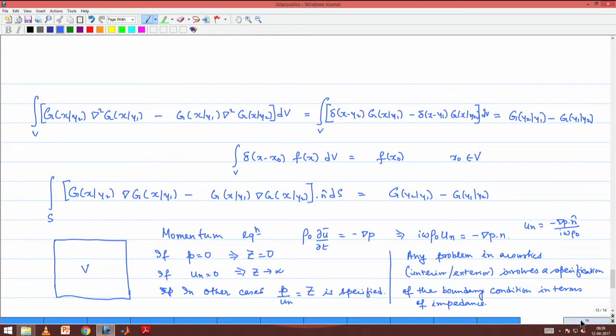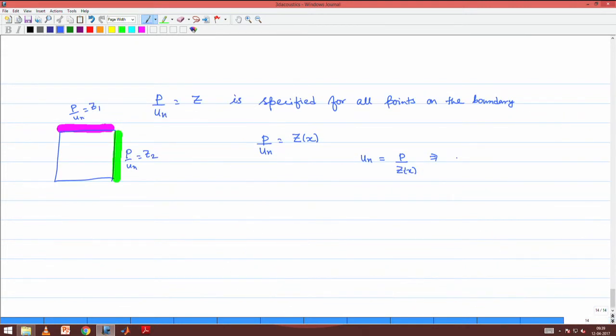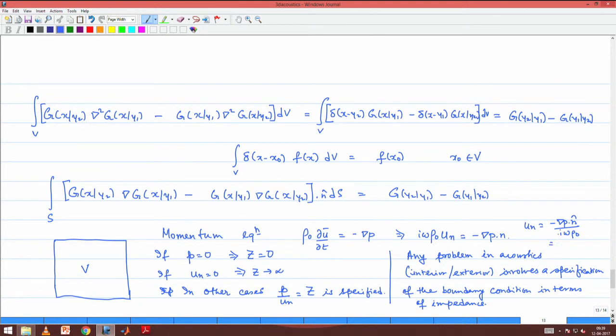Okay. So, here what I can do is put the i on the top, i times gradient of p dot n divided by omega by rho 0, since minus 1 by i is plus i on the numerator.